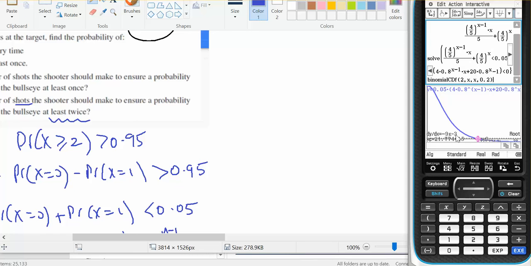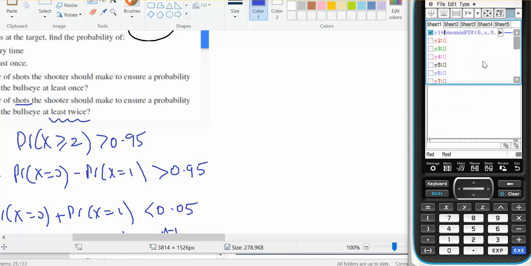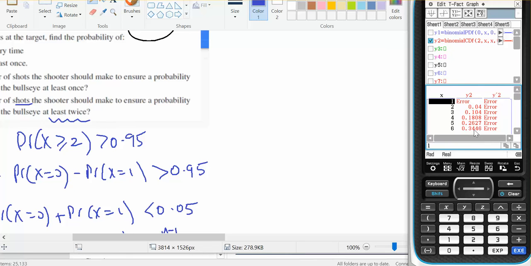Gives me an error. So if I drop that into graphs and tables, if I get a copy of that and get into graphs and tables, untick that one, paste it there, tick it, and then look at the table, I am looking for this to be bigger than 0.95.